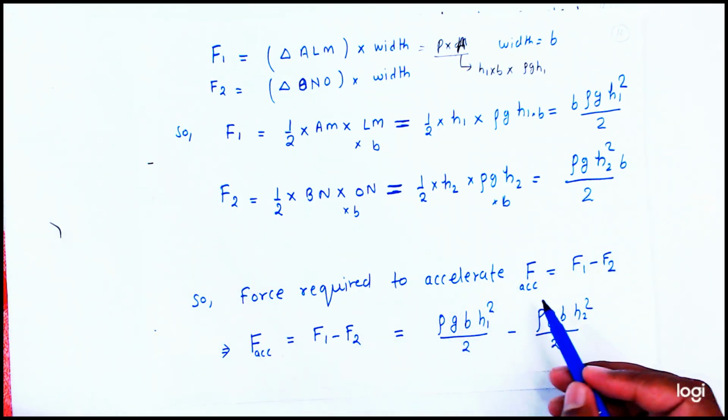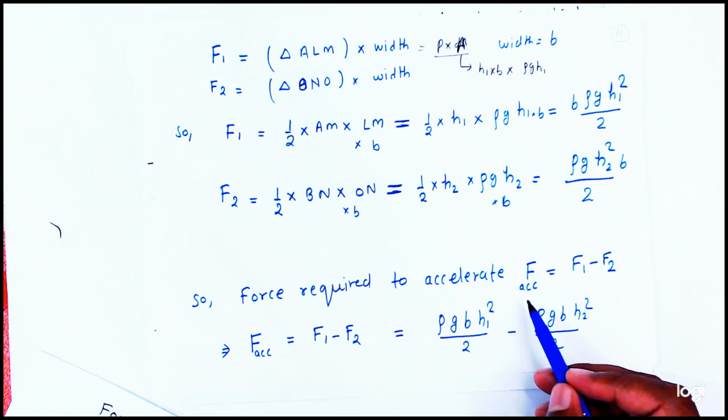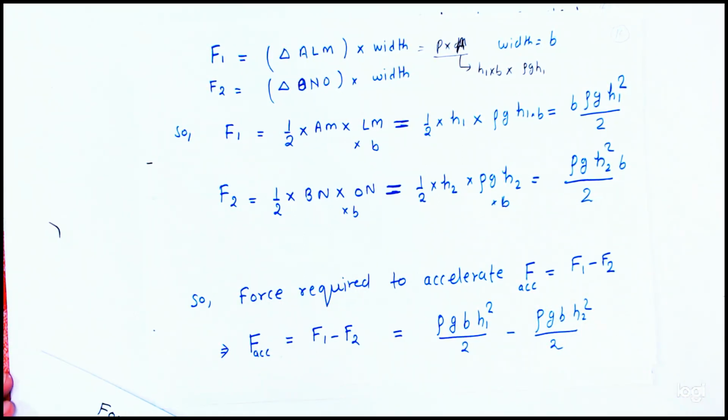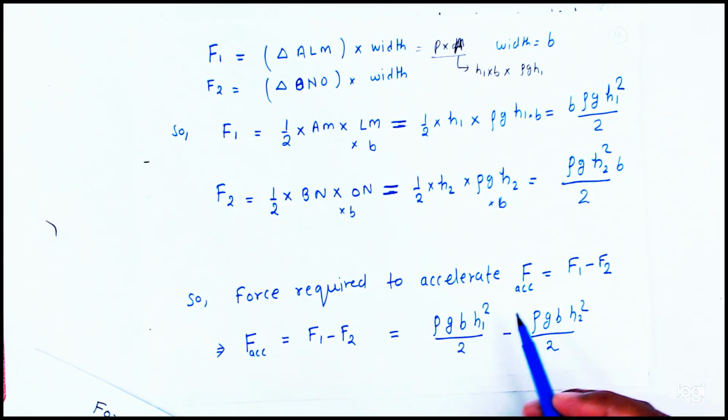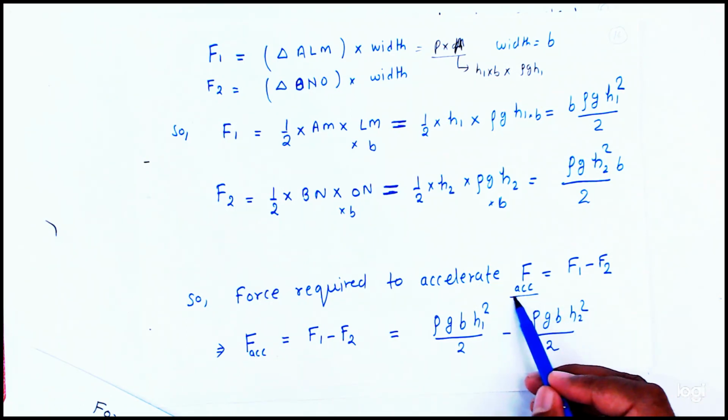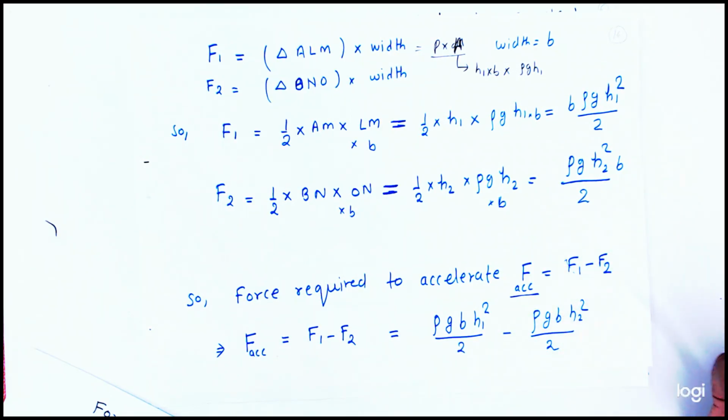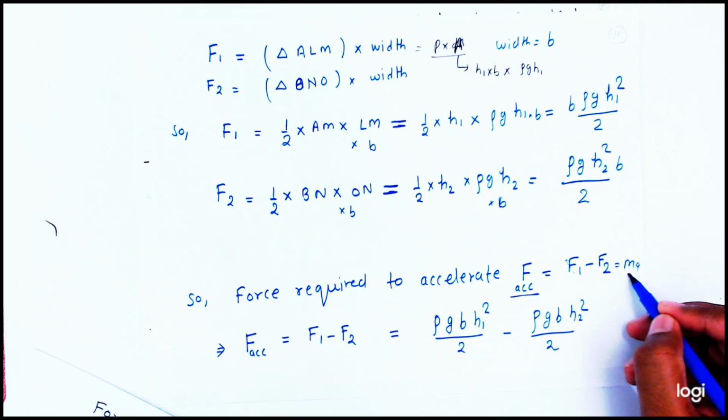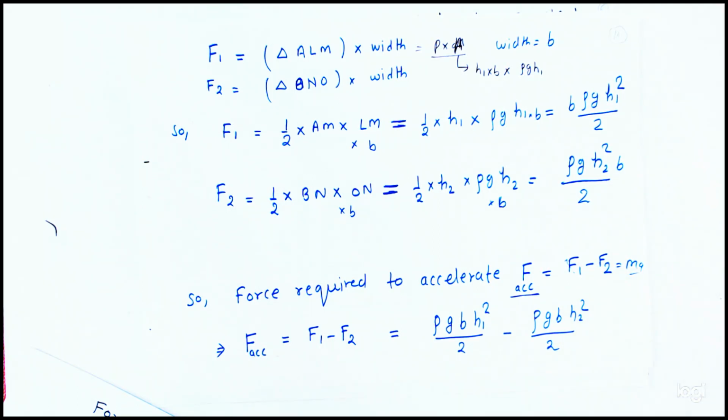And the accelerating force, F acceleration, will be F1 minus F2, or we can say mass into acceleration. Getting it, friends? Hope the thing is clear. If any doubt is there, please comment. I will try to clarify it.